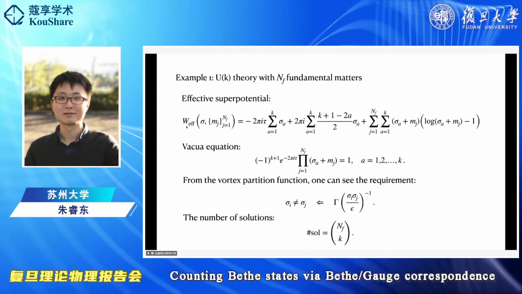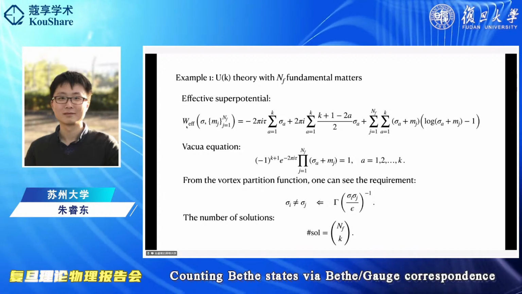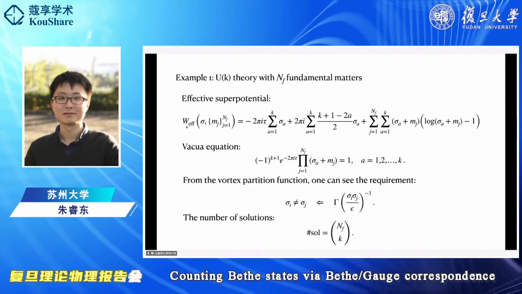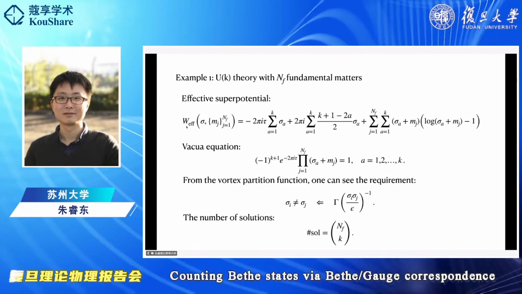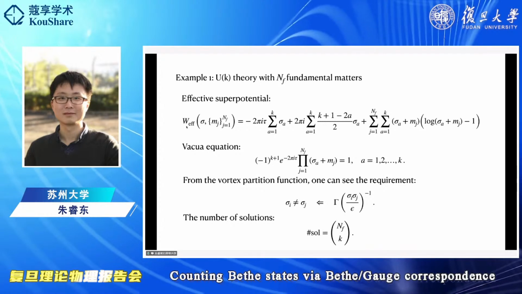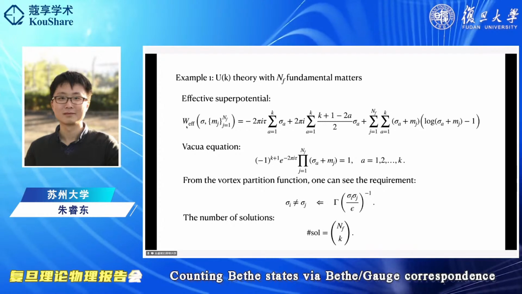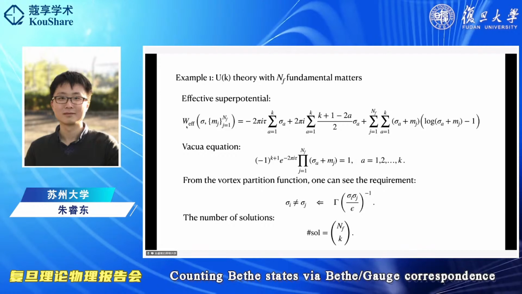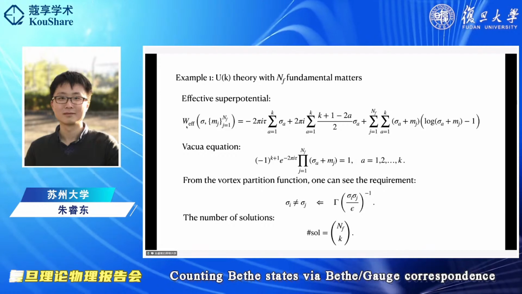the effective superpotential to write down the explicit form like this, and we can compute the vacuum equation. We already had the equation. It's very easy to do that. And we see that the equation looks like this. All equations are independent.